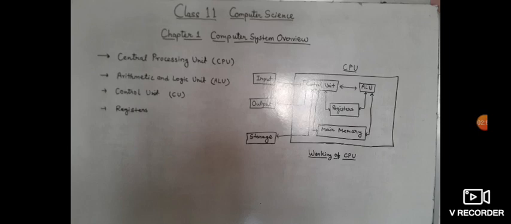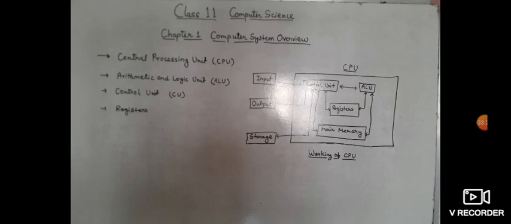Now after the arithmetical or logical function is performed by the ALU, it is again sent to the control unit through memory, and after getting that, the control unit displays it through output devices, and it is also stored in the storage unit.